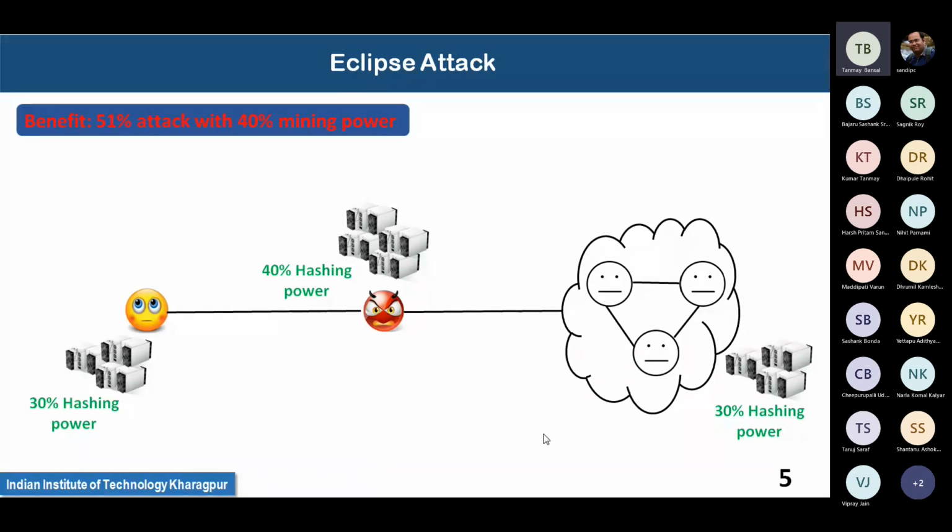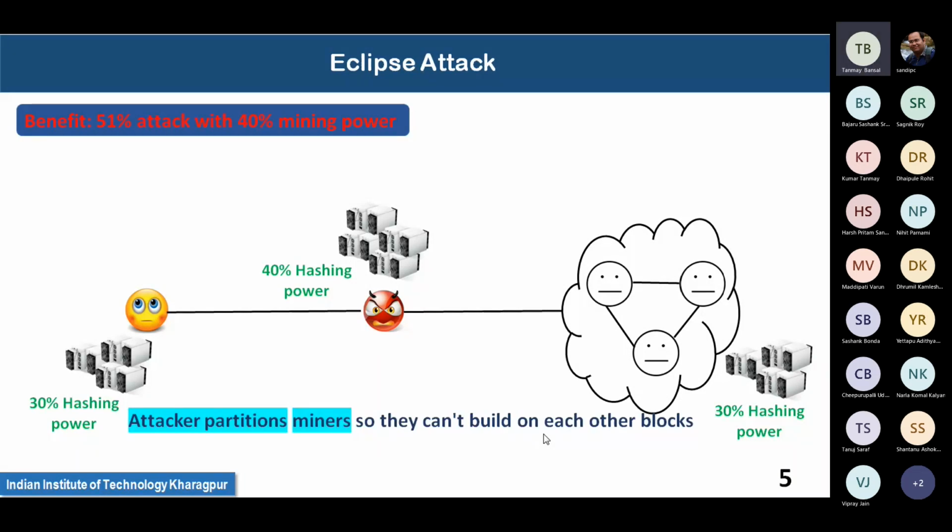This is because whatever transactions and other block information this victim node is getting or sending are all controlled by the attacker, and it can feed it fake block information and so on. So now it has 40% hashing power as compared to 30% for the rest of the network. The attacks that could only have been done with 51% computing power can now be carried out by the attacker.